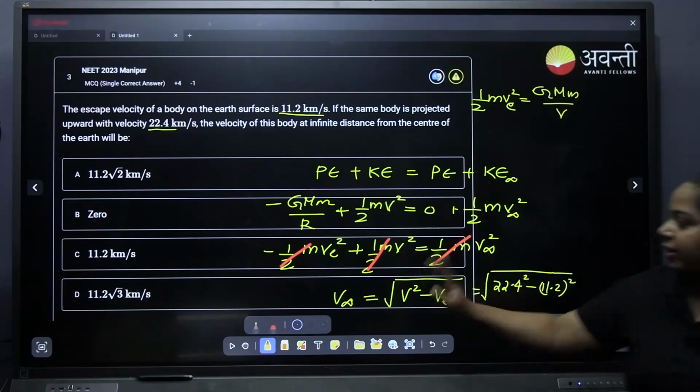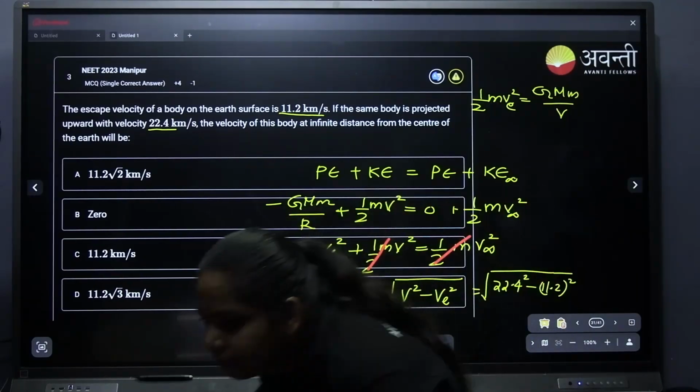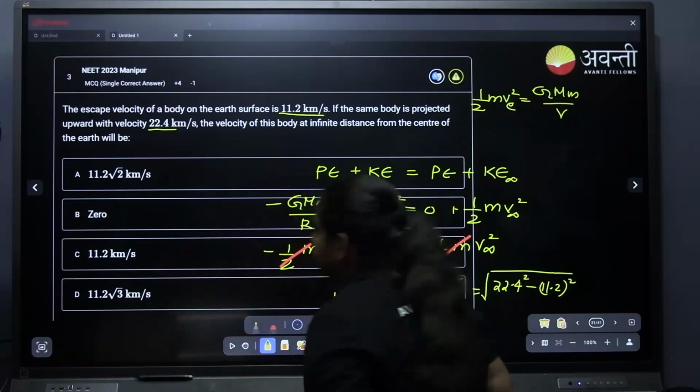If you find this value, you will get the answer. Yes, very good. Surabhi, option D is the answer.